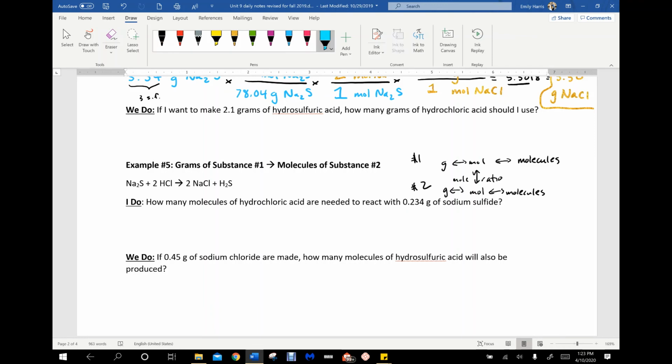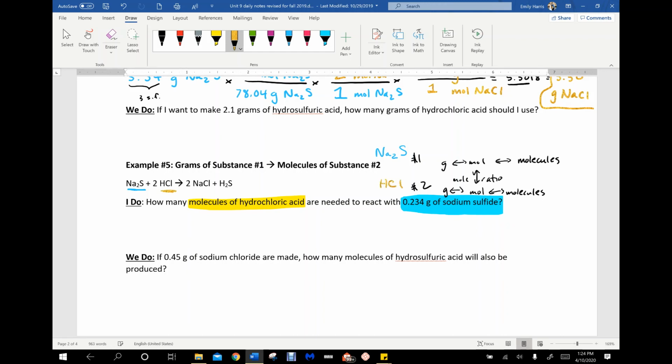So we've got our setup, and it says how many molecules of hydrochloric acid are needed to react with 0.234 grams of sodium sulfide. So we're starting with sodium sulfide, Na2S, and they're asking us to convert to hydrochloric acid, HCl.